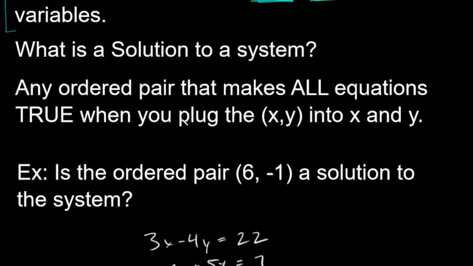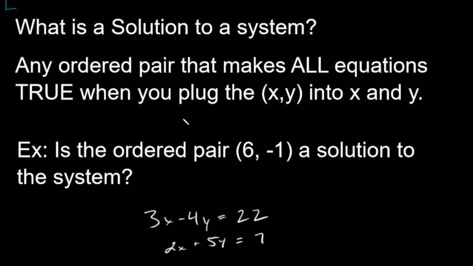So what's important to us is to figure out what a solution is. How have we defined what a solution to the system is? Well, any ordered pair, or any values for your variables, that make all equations true when you plug them in are solutions.